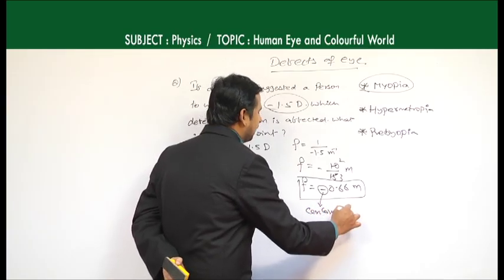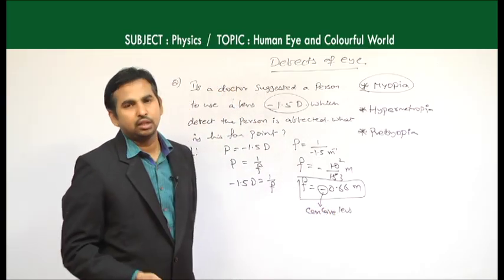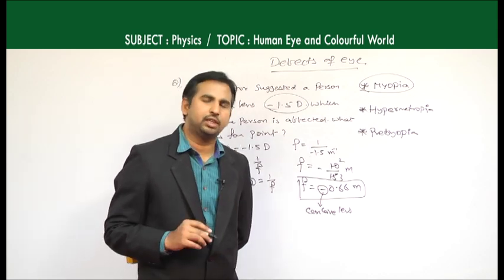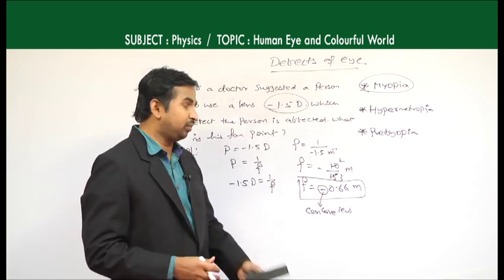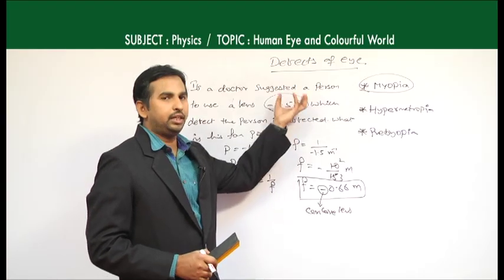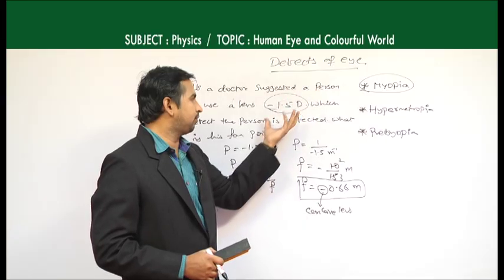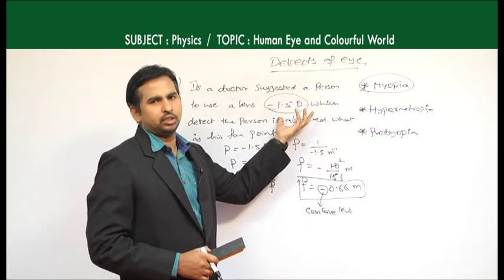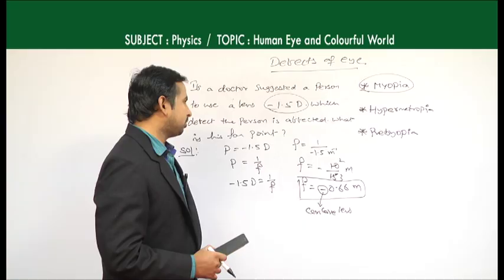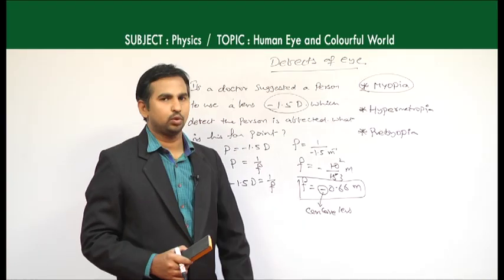A concave lens is what we use for the defect of myopia. So, this power of the lens is to cure myopia, with which the person is affected.